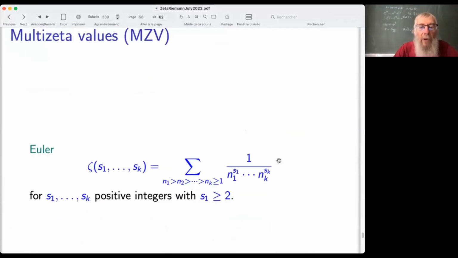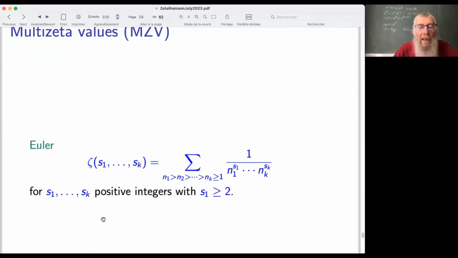And when we take products, what we find is a generalization of Euler values to several variables, s1, ..., sk. If you take s1, ..., sk positive integers, where the si are at least 2, Euler defined zeta of s1, s2, ..., sk as the sum over n1 greater than n2 greater than ... greater than nk of 1 over n1 to the s1, ..., nk to the sk.